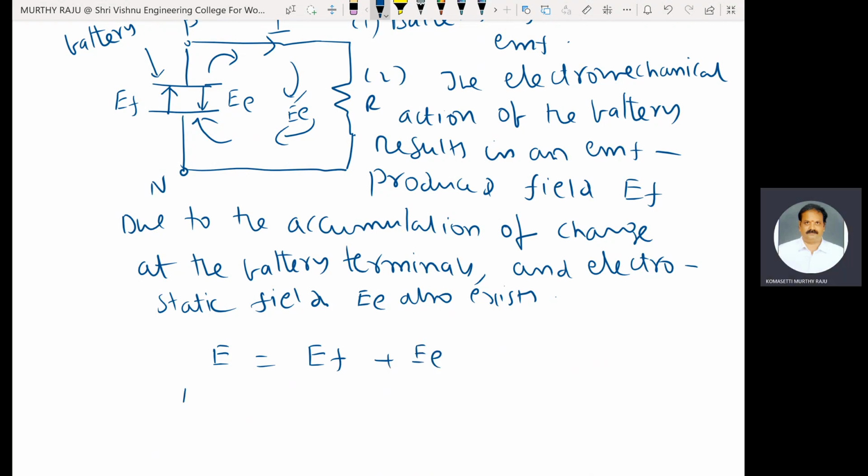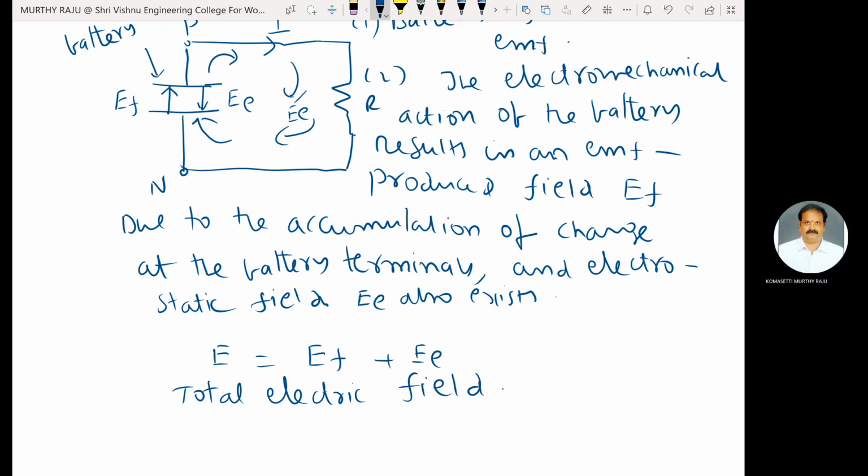Total electric field. E_F is 0 outside the battery, since there is no electromechanical action outside the battery.